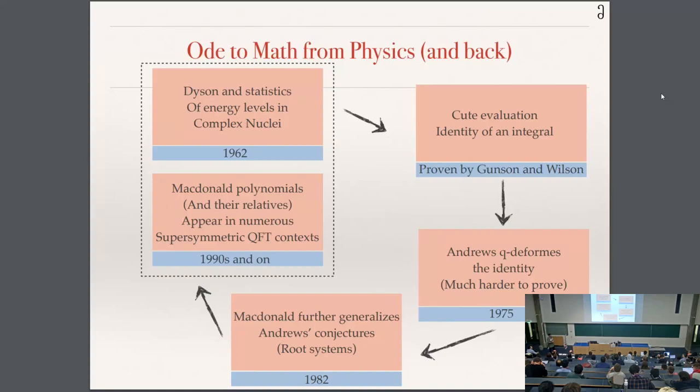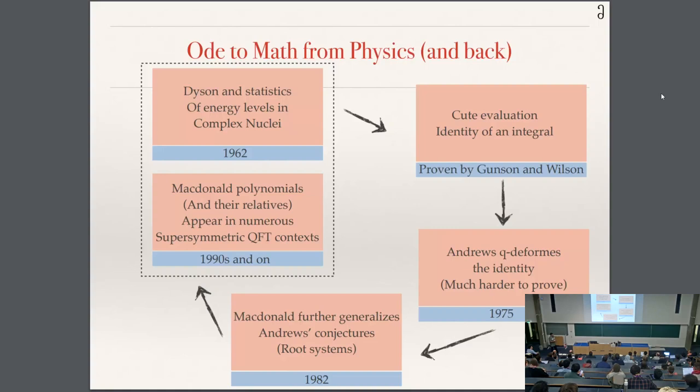They start with Freeman Dyson many, many years ago. In '62, he studied real physics, not toy models. He wanted to understand the statistics of energy levels of complex nuclei. He had to perform a certain integral that he couldn't perform, and he conjectured a value for that integral. That conjecture of Dyson was shortly after proven by Wilson and others.